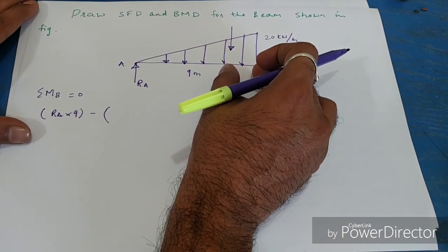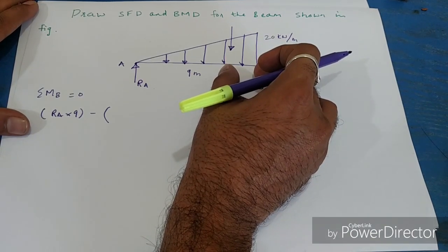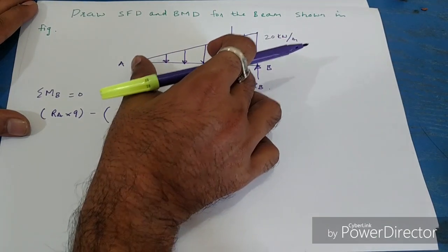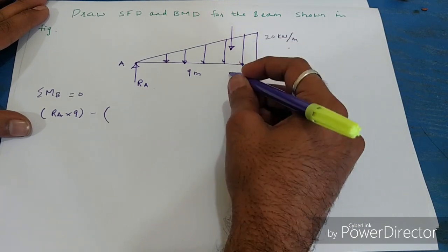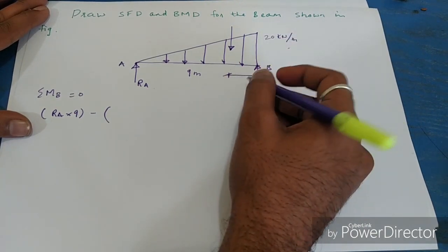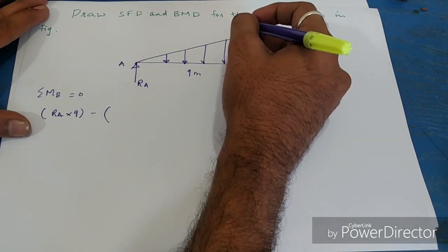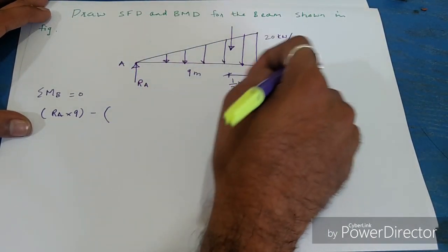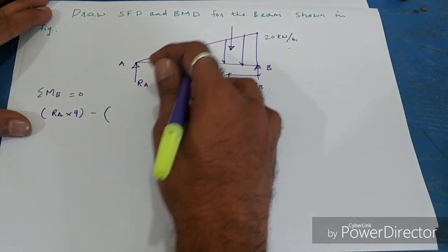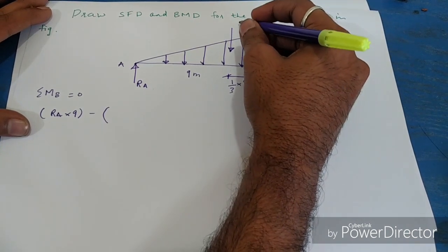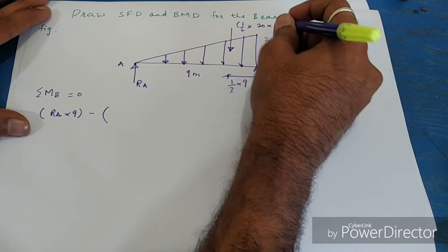The distance of the centroid from B is 1/3 of 9 meter, and from this side it is 2/3 of 9 meter. So this is the centroidal distance, 1/3 into 9, and the total load is the area of the loading diagram. It's a triangle, so half into 20 into 9.